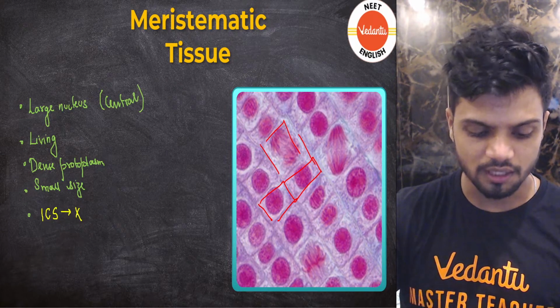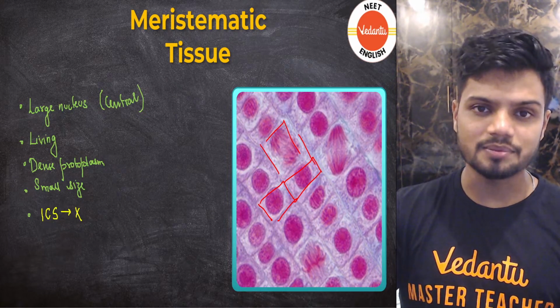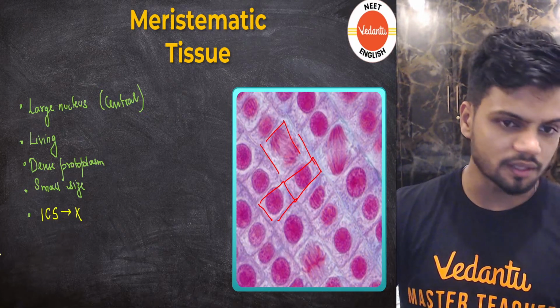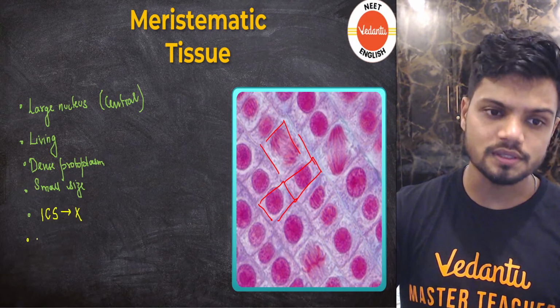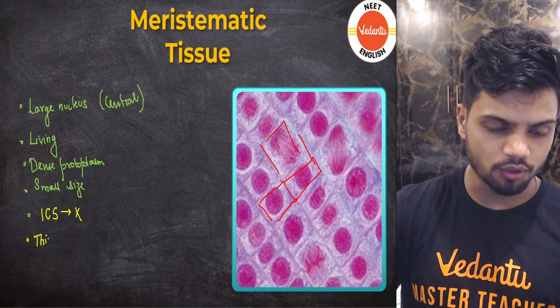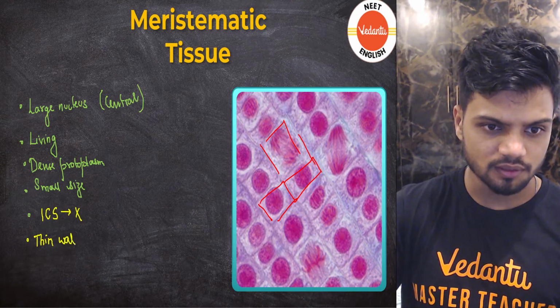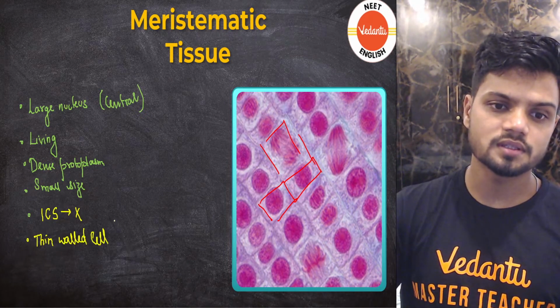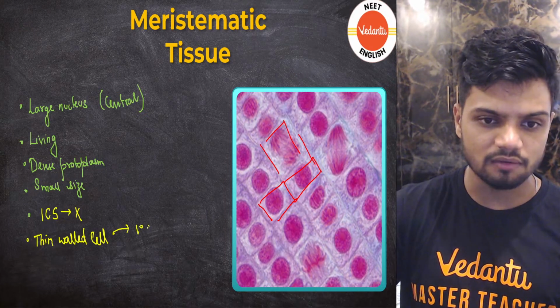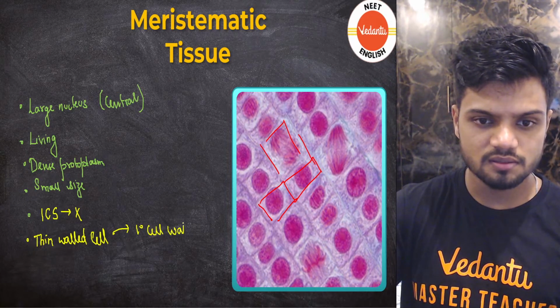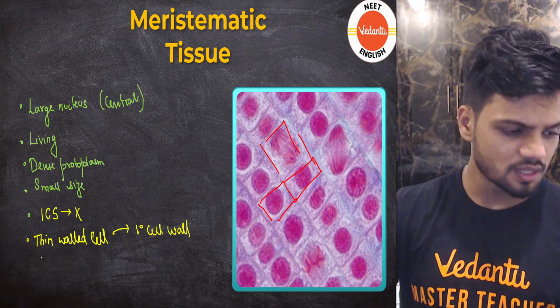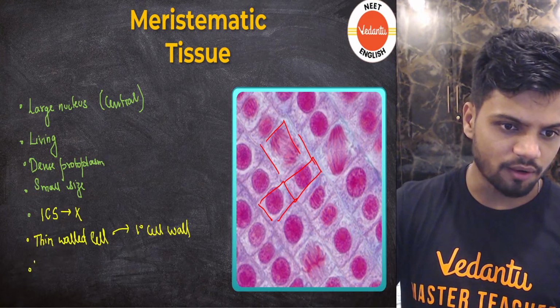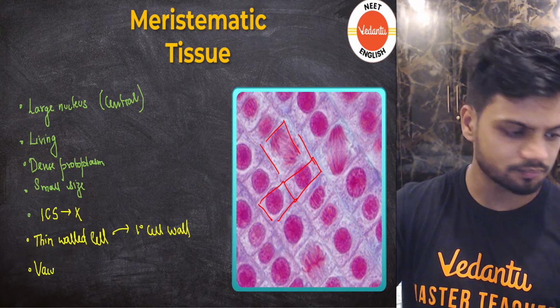Yes or no? Now students, these are new cells, so they are thin walled completely. They mainly have the primary cell wall. Thin walled cells, right? And also vacuoles are absent here.